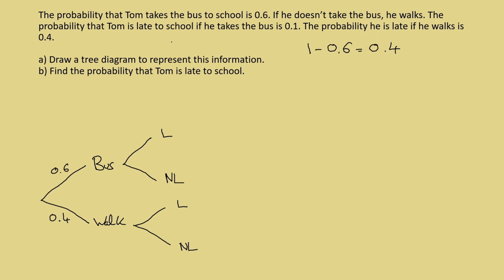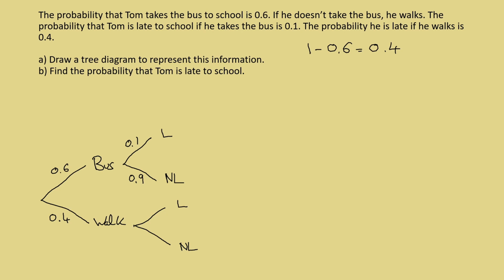So the probability that Tom is late to school if he takes the bus is 0.1. So in this case, probability that he's late after taking the bus is 0.1. And the probability that he's not late is going to be 1 minus the first probability. So 1 minus 0.1 is equal to 0.9, because remember it has to add up to 1.